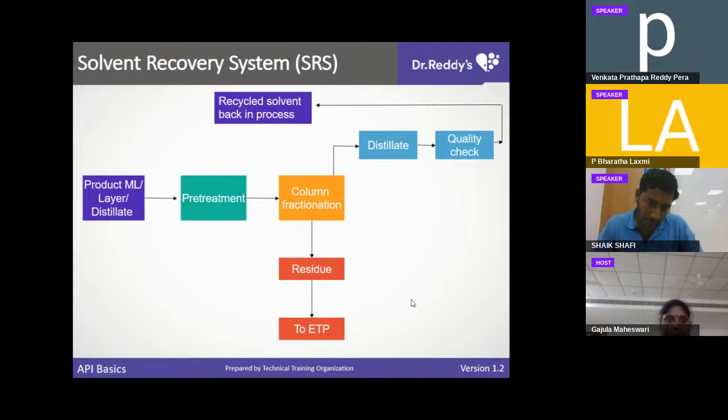This system, SRS, is responsible for that. So we take colored or impure solvents in the reactor. We do the distillation process, and by distillation we get pure solvent again. We test this solvent in QC again, then we use it in the process.